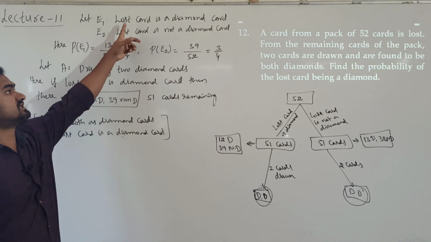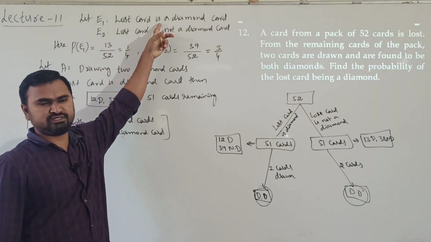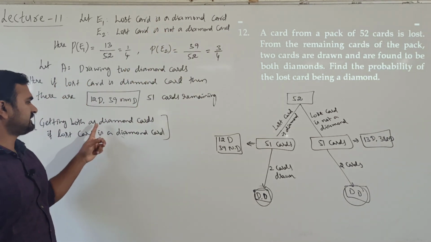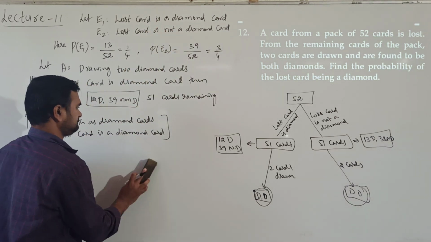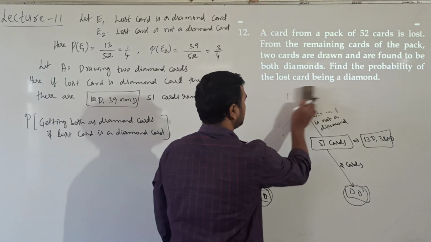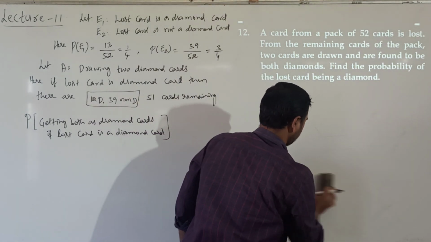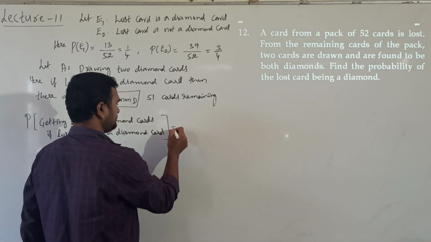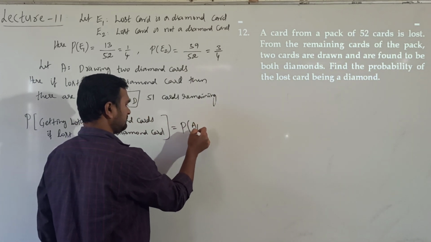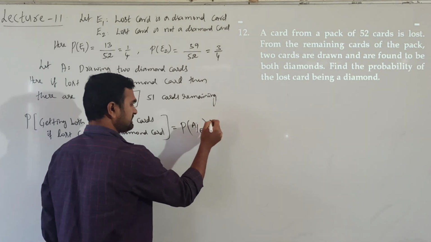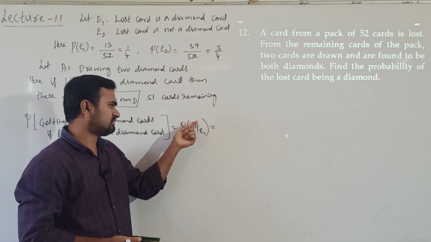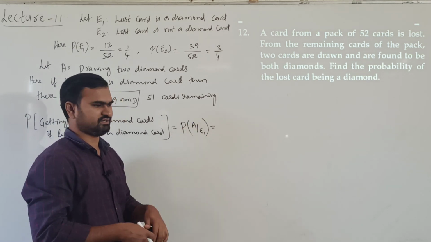If I know that the last card is a diamond, knowing that means it has already happened. What is the chance of getting both as diamond cards? So this is the notation we can write here. It is P of A given that the first event has occurred. Okay, knowing that the last card is a diamond, what is the probability of getting both as diamond cards?